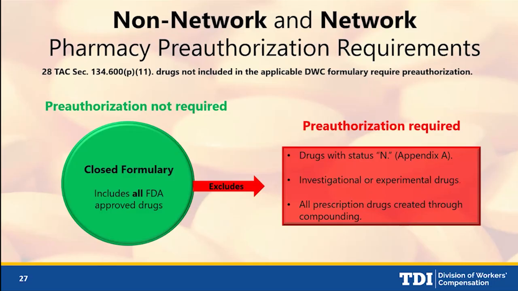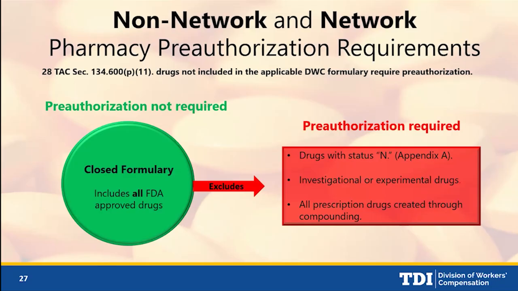I showed you how to get to that Appendix A, or again, it's on our website for free. Appendix A can be downloaded, but just keep in mind each month has a tab, so you need to update it. And you could look at that to determine whether or not it has that N status. So if it does, it's going to need pre-authorization, or the pharmacy may not dispense it to the injured employee.